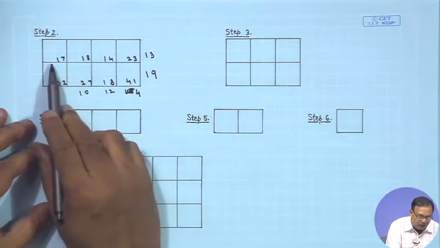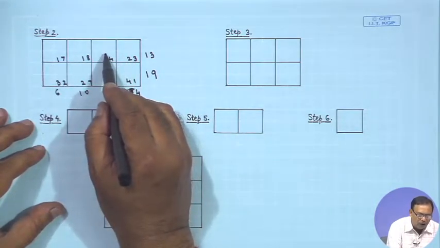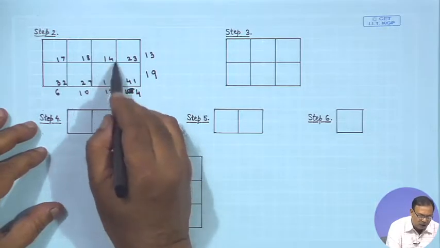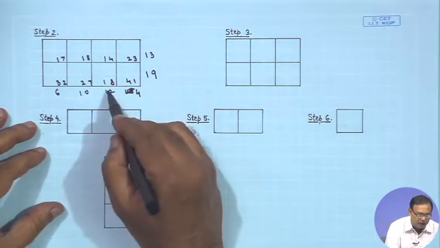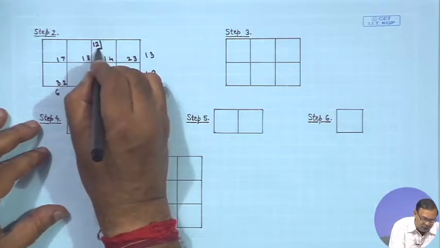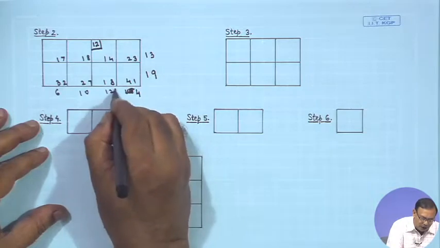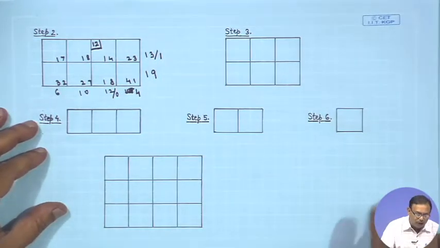Now, again take the first row. In the first row the minimum is on this one, 14. The minimum of 12 and 13, availability and demand, is 12, so you allocate 12 here. So, this 12 becomes 0 and this 13 becomes 1.